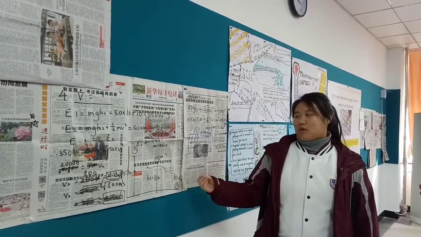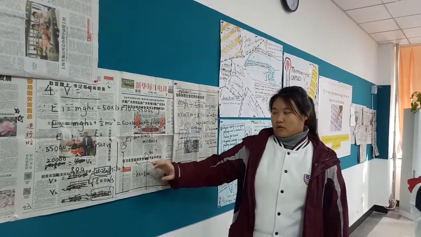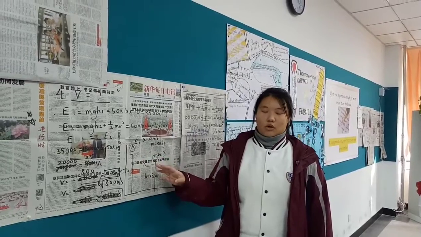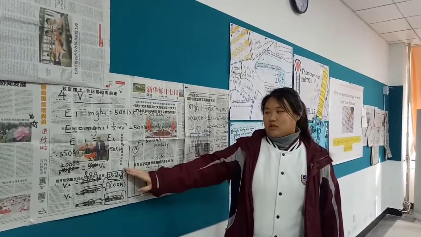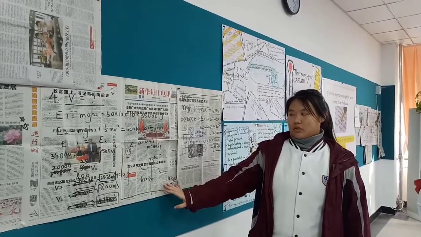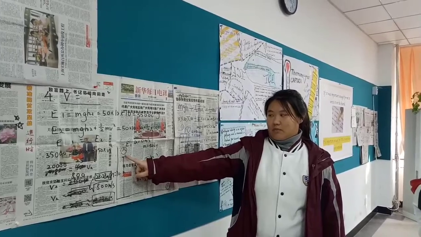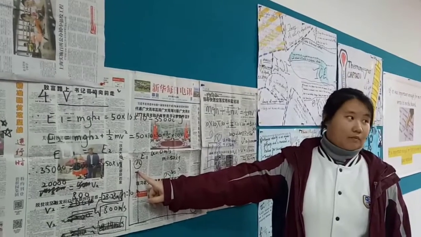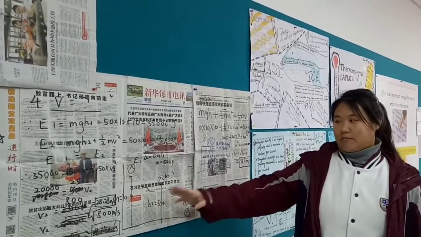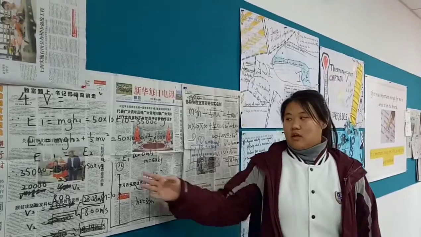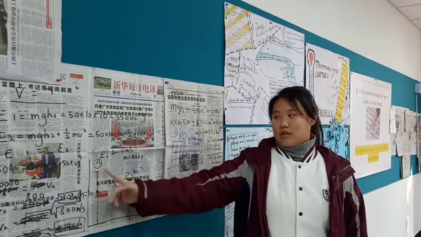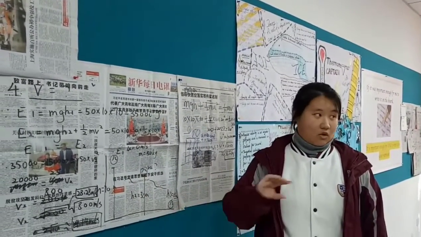If we want to know the velocity in position 2, what do we need? According to the law of conservation, in this kind of diagram, the total mechanical energy of the ball in the three positions, E1, E2, and E3, is equal.